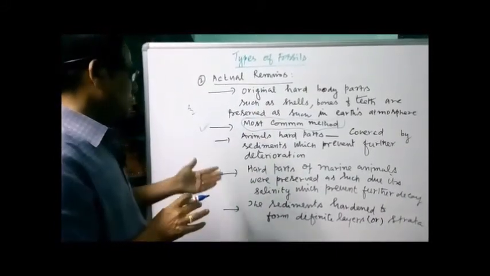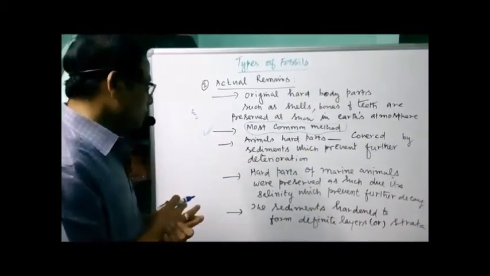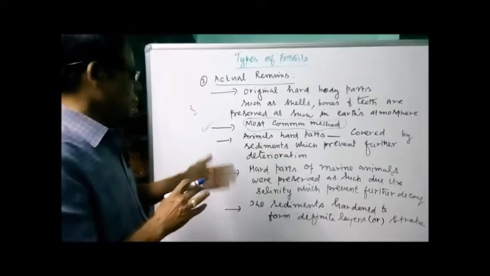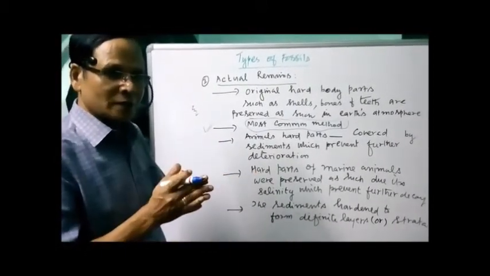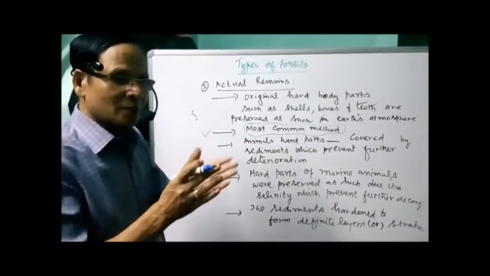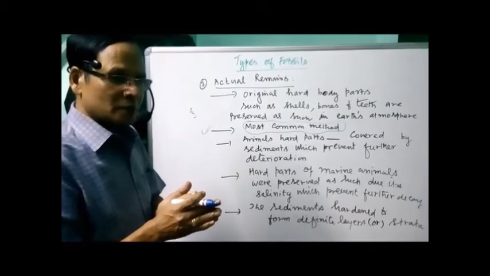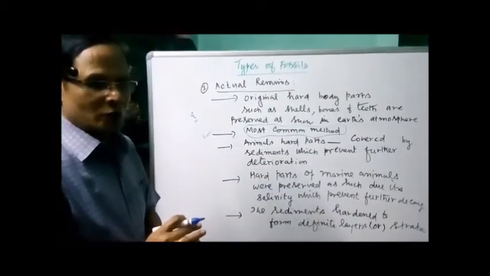For example, the hard parts of marine animals are preserved as such due to the salinity of the vast ocean.